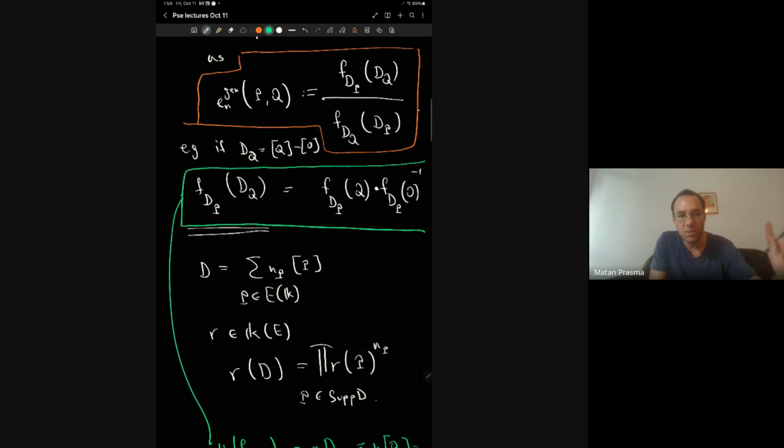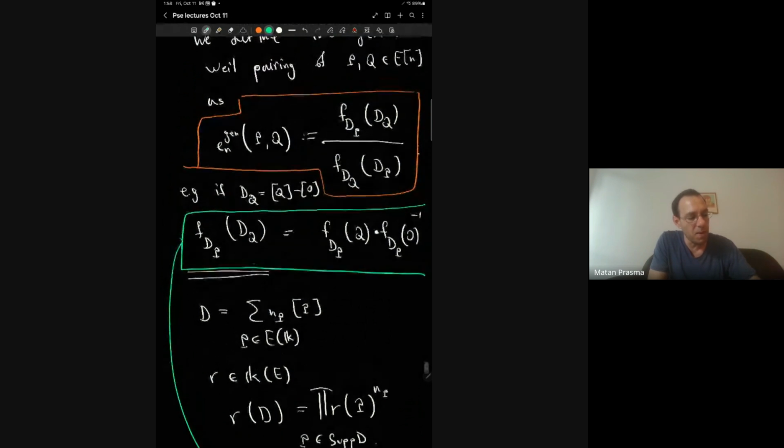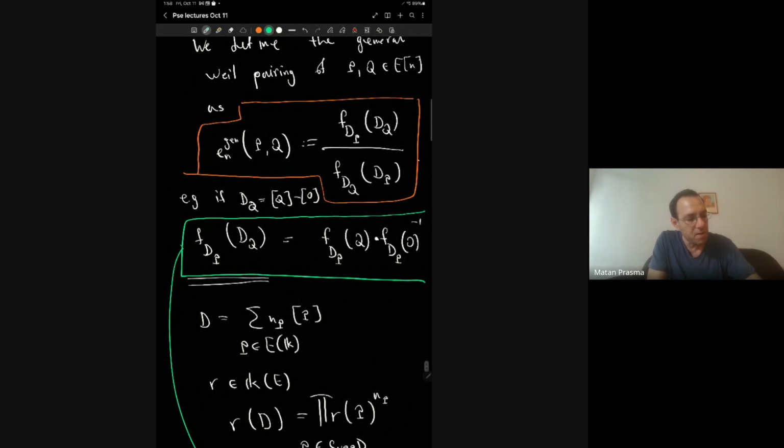Now, one thing I want to say before the break: how do people prove that the generic Weil pairing is equivalent to the Weil pairing definition that we saw in the previous sessions? We use Weil reciprocity, because here, instead of FDP evaluated at DQ, I have a function.